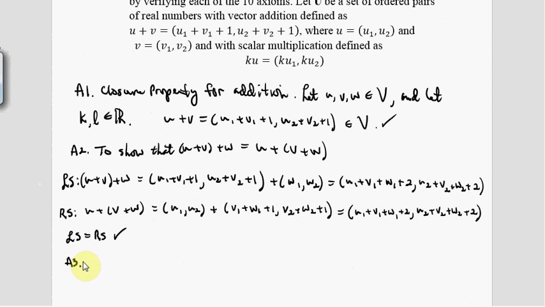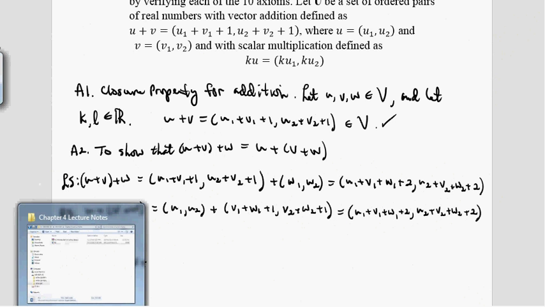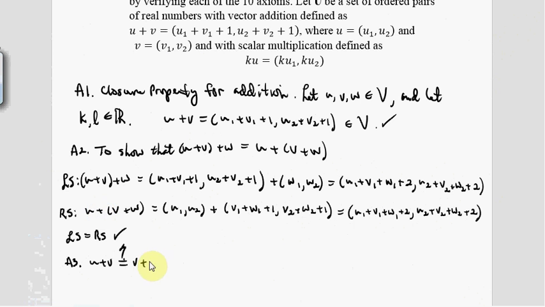A3, the commutative property. U plus V, is that the same thing as V plus U? Well, this implies, here I'm going to write the left side equal to the right side.